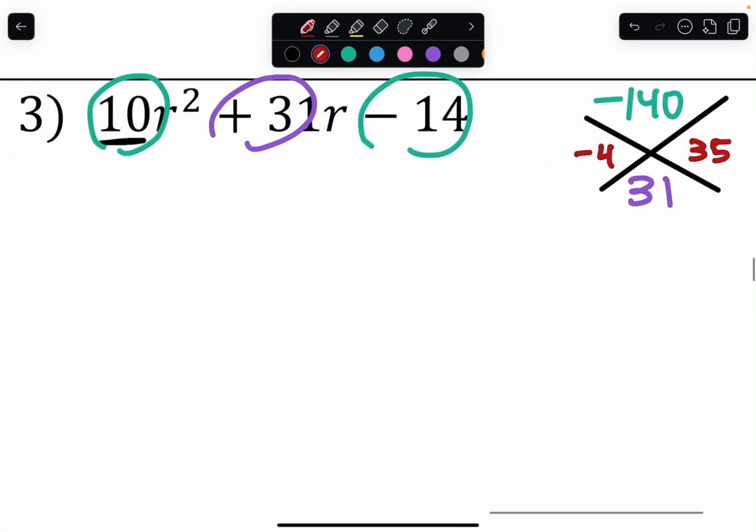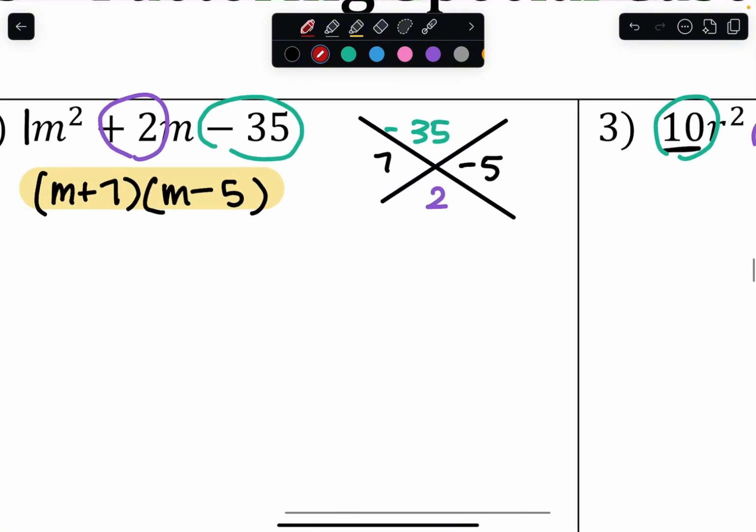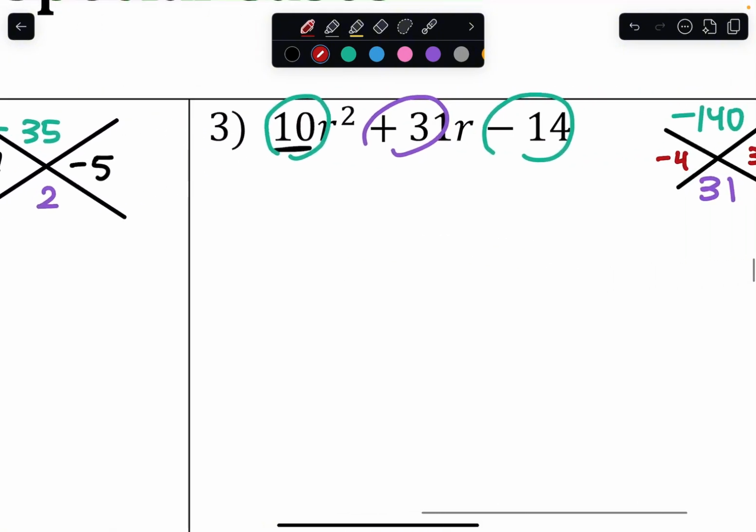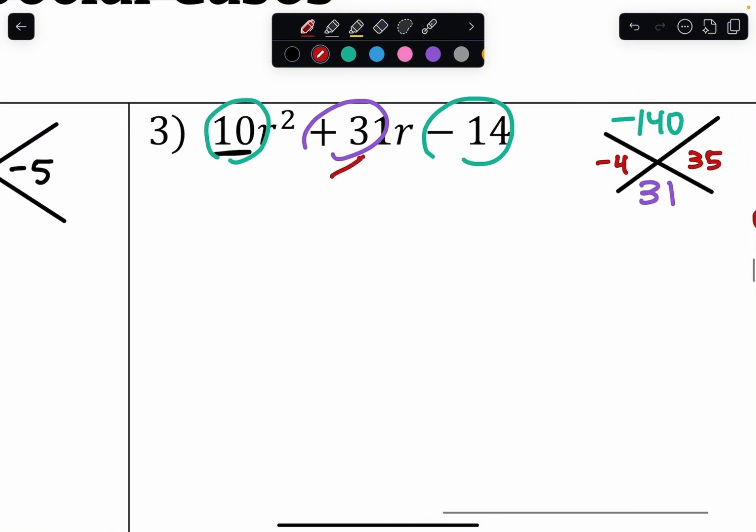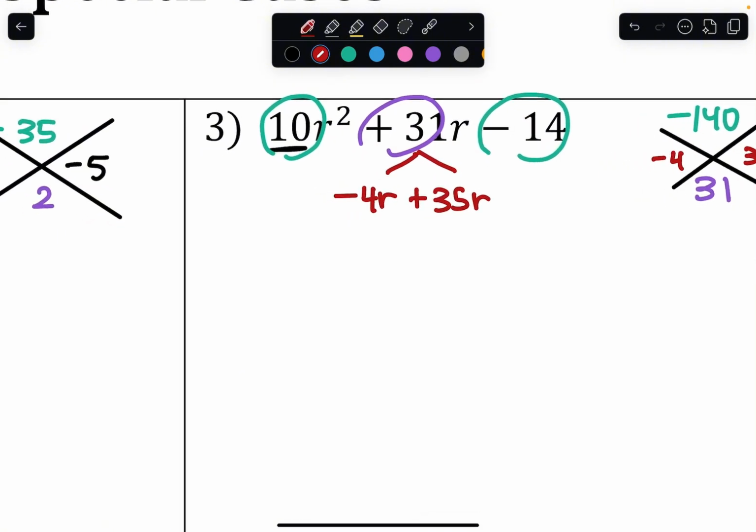Okay, and so now when you have those magic numbers, you can't just skip to your parentheses because we're trying to get a 10r squared. So what you do with those numbers is you split the middle, negative 4r plus 35r, either order, and then you are going to factor by grouping.